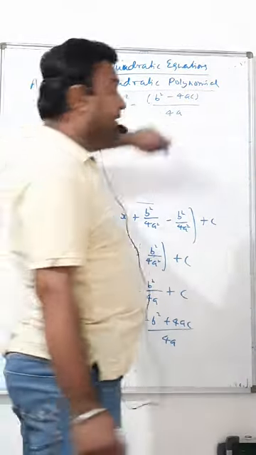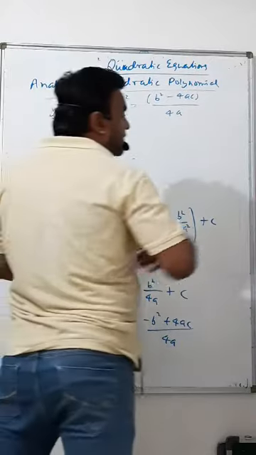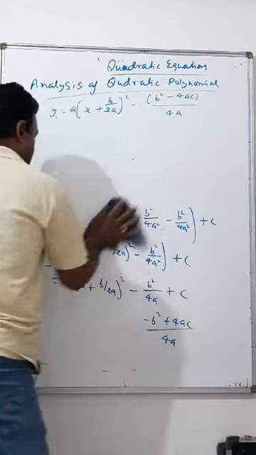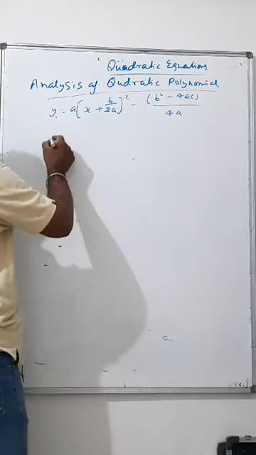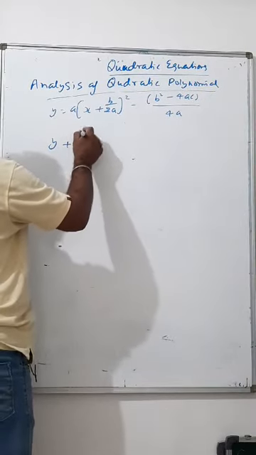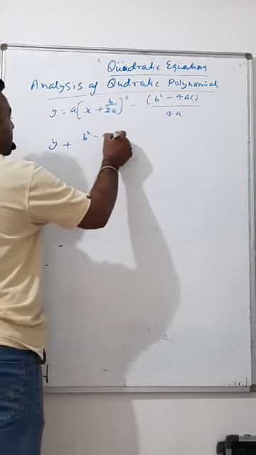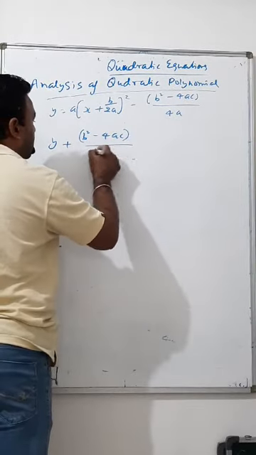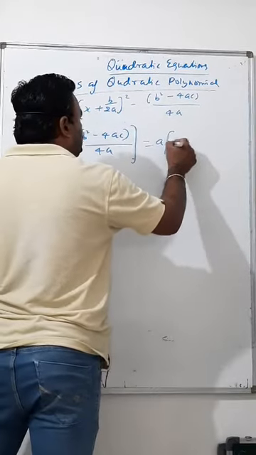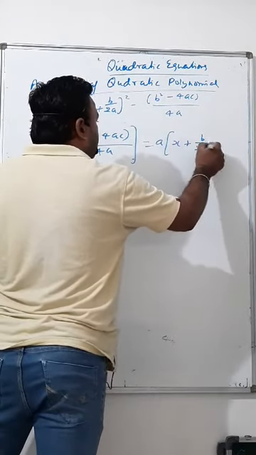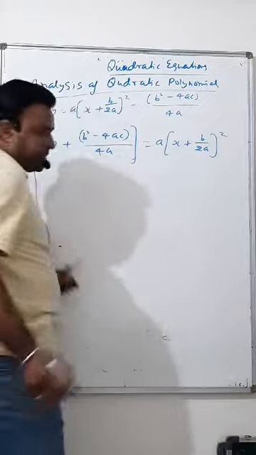But I can rewrite this in this form: y plus b square minus 4ac upon 4a is equal to a times x plus b by 2a whole square.